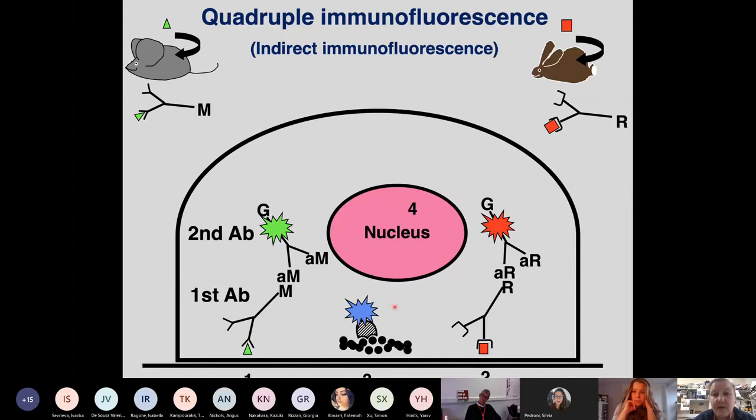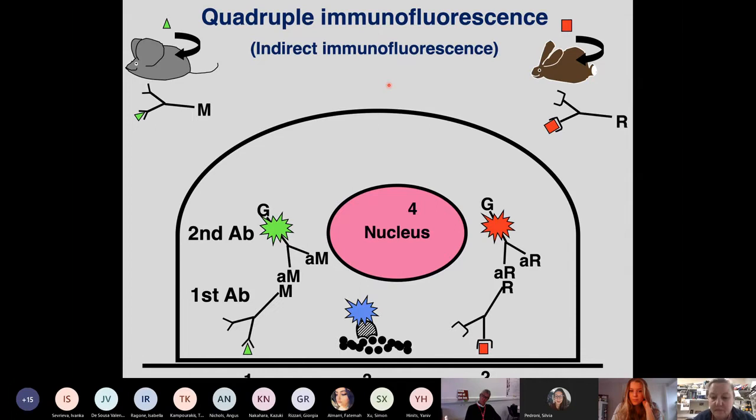And usually people carry out indirect immunofluorescence, so they use a secondary that recognizes the mouse antibodies and that carries a particular fluorochrome, and they use a secondary that recognizes the rabbit. And usually the 2 other colors come in by staining the nuclei with stains like DAPI, and in my case, what I like to do as a counter stain is stain filamentous actin with fluorochrome conjugated phalloidin.